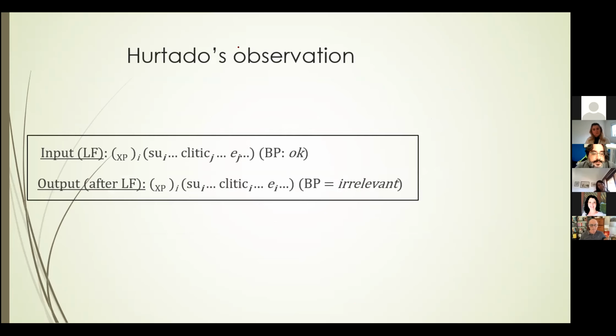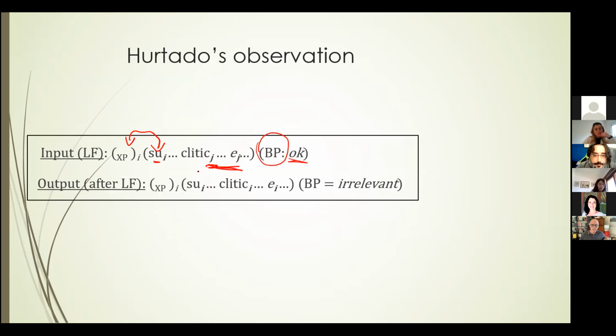Then when you have this input for the predication rule, the bijection principle here is okay, right? Why is it okay? Because the clitic and the empty position it binds have a different index than the possessive pronoun, right? So this is in accordance, you see, with the bijection principle.